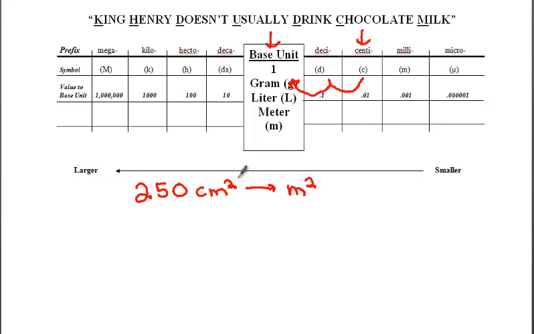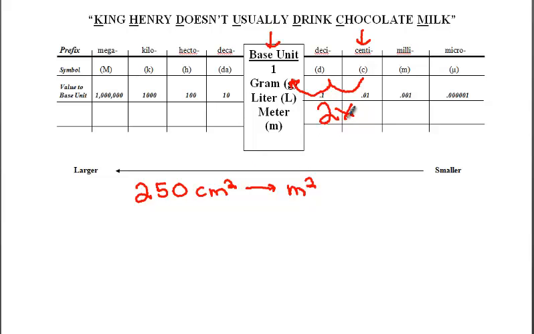Now, if this was just centimeters and meters like the last example, I would just move my decimal 2 spots to the left. But this is area units. Area units are 2-dimensional. So what that means is, if I move my decimal 2 spots to the left for 1 dimension, I need to double that amount because we're talking about area units or squared units.